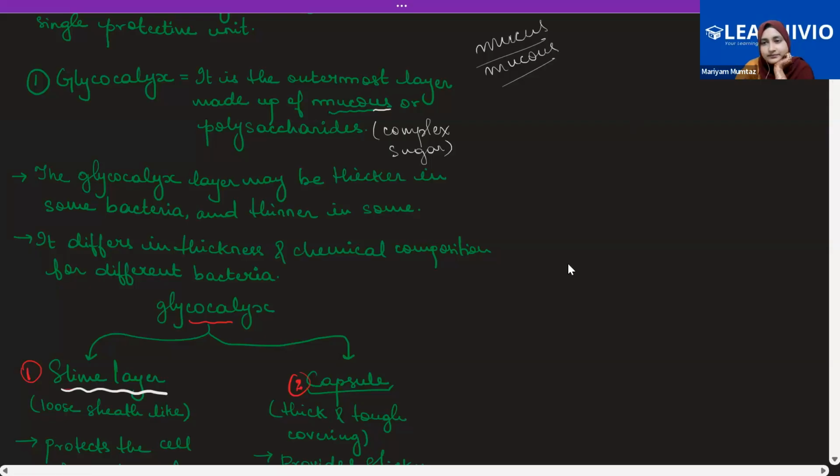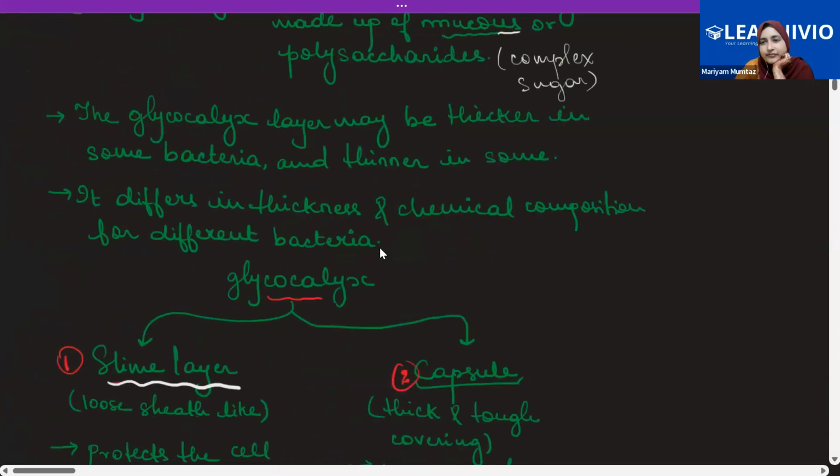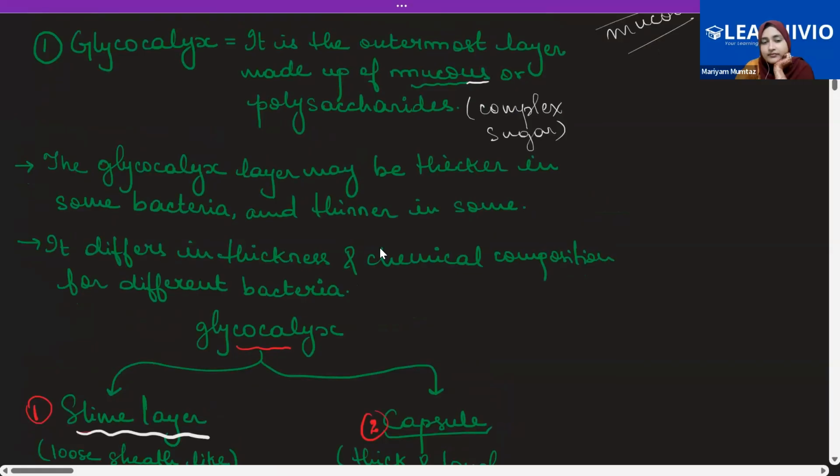This is the last thing. This part only, glycocalyx. Yes or no? Okay.